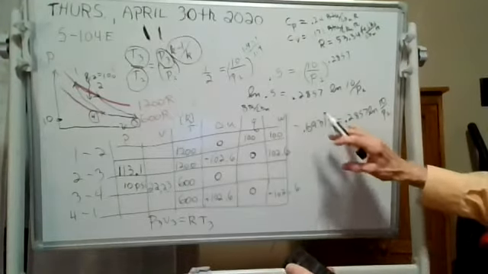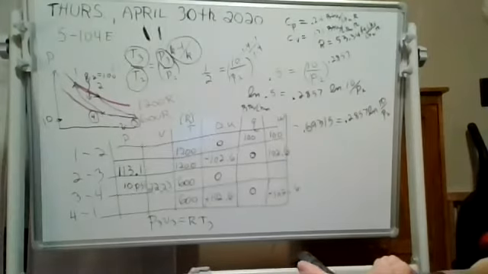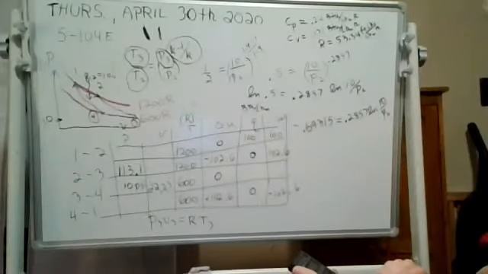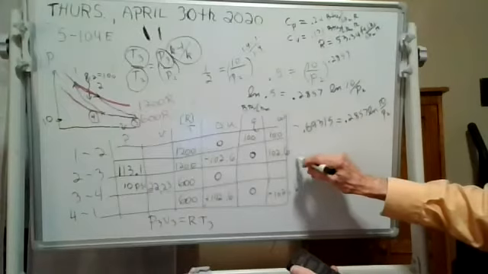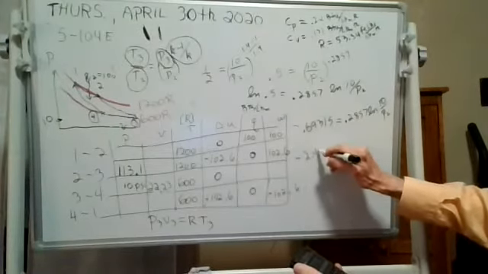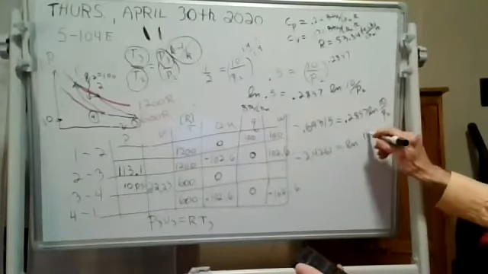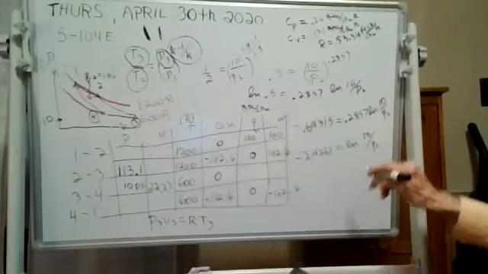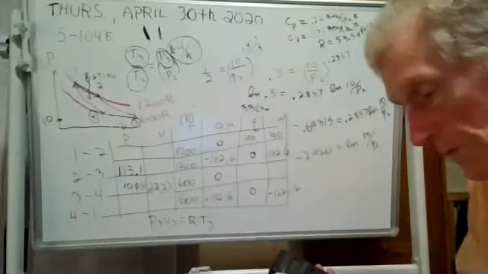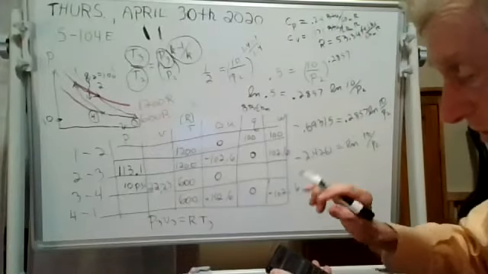Now I'm going to divide by 0.2857. Step by step, this is what I have now: 2.4261 equals the natural log of 10 over P2. Now I'm going to take the anti-log, hitting that e to the x button.